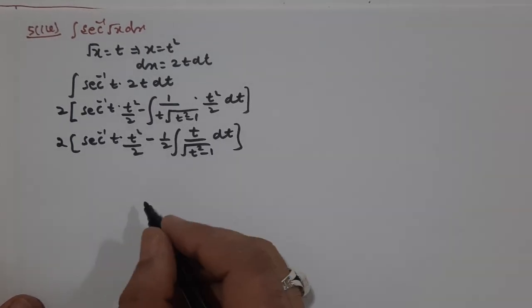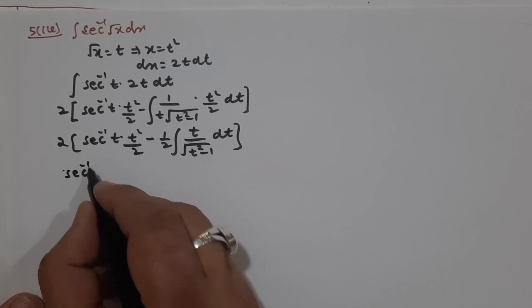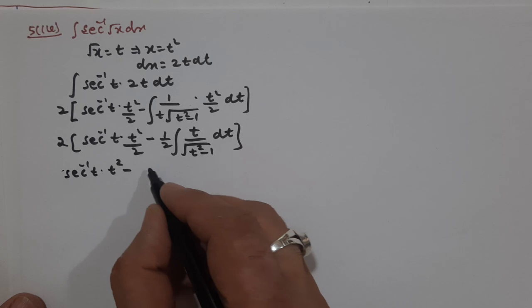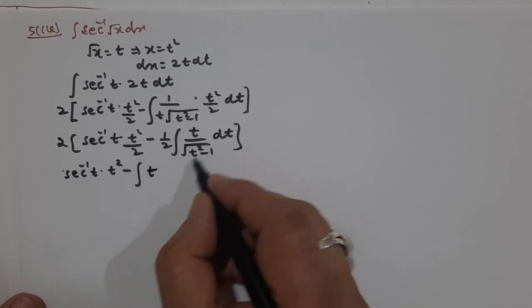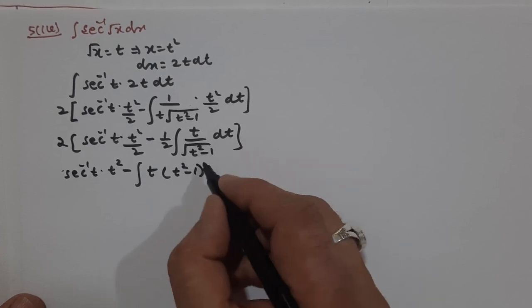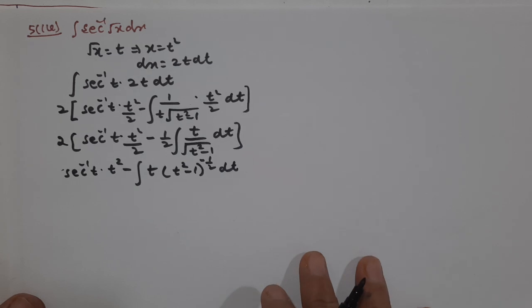Now integrating this factor in the same way, so multiplying by 2 first, we get secant inverse t into t square, minus integral of t, and we can write this factor as t square minus 1 power minus half dt.